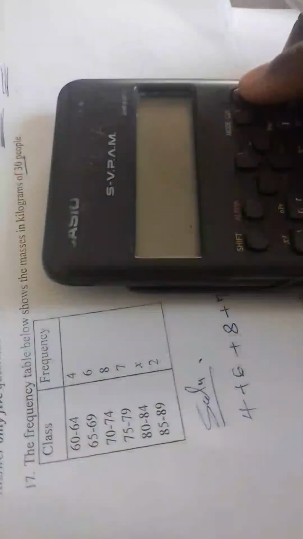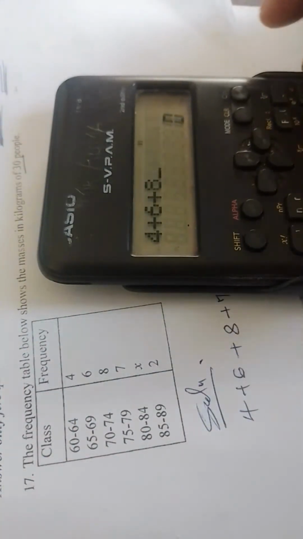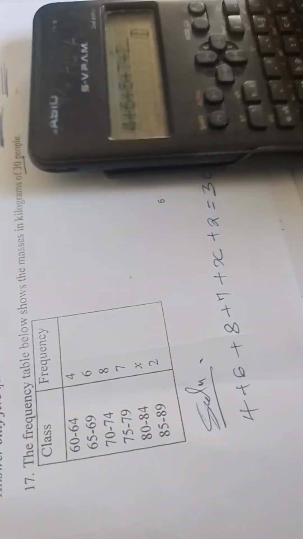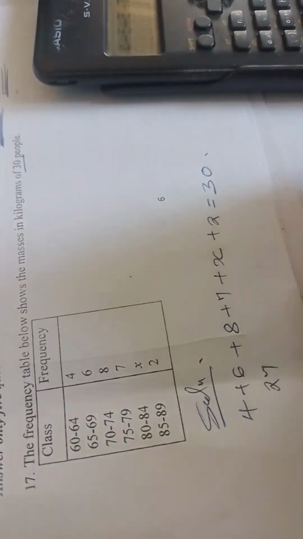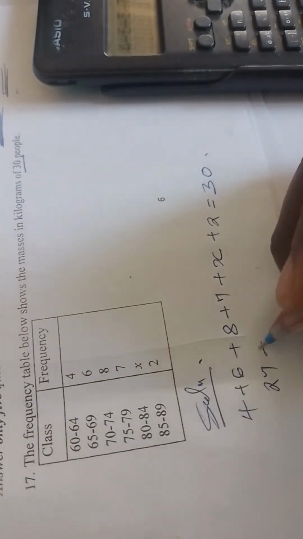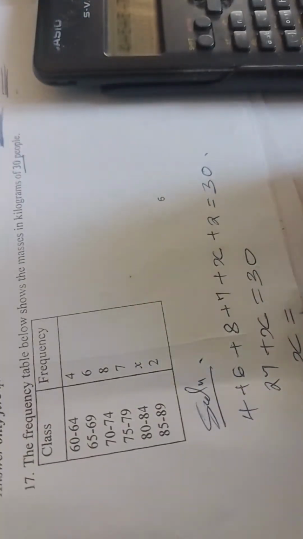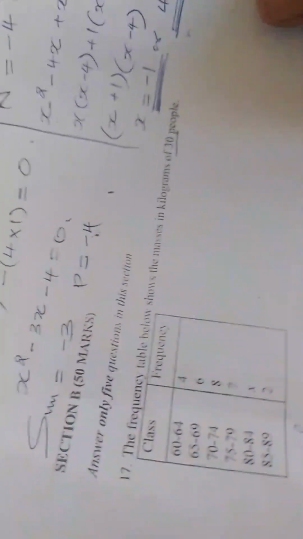Then we can take 4 plus 6, then plus 8 plus 7 plus 2. That will give us 27. Then plus x is equal to 30. Then x will give us 3. The value of x is 3.